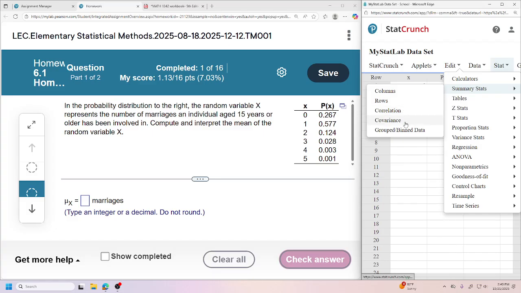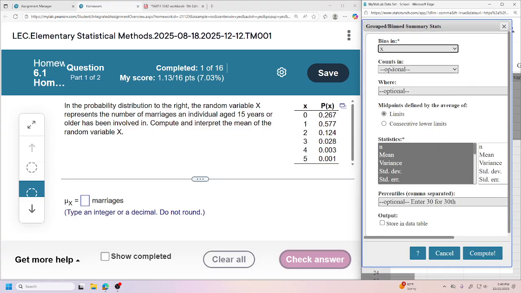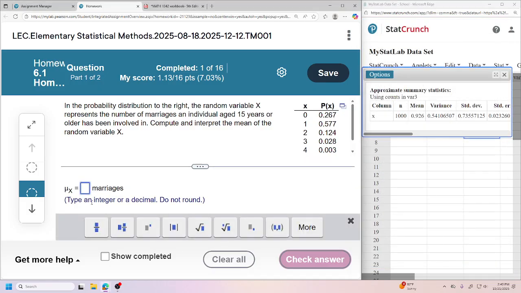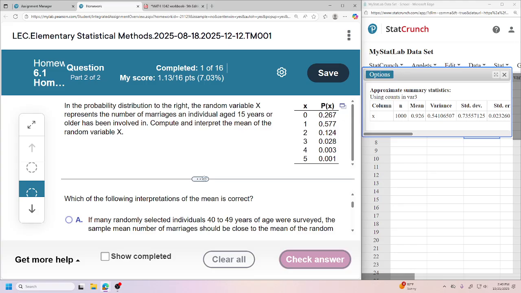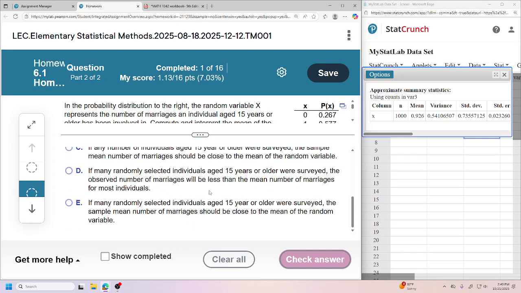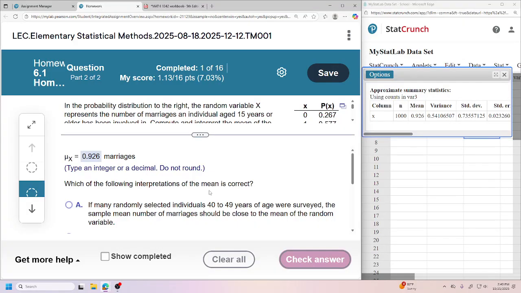Stat, summary stats, group bin data, again, X, and now I get to use that var3. So make sure to select everybody and compute. My mean, very simple here, .926, easy enough. Oh man, I wanted it to have the standard deviation part.